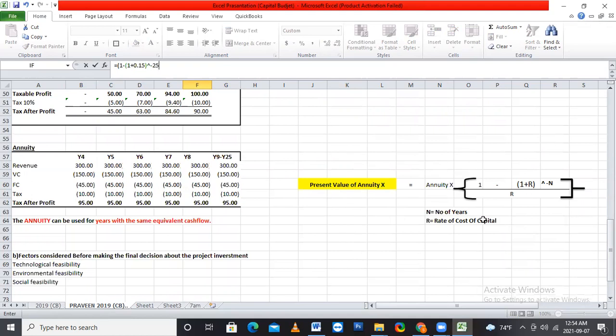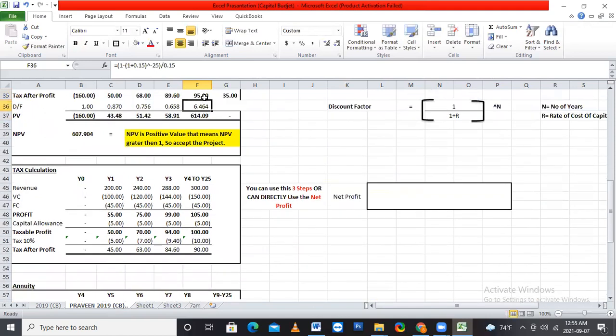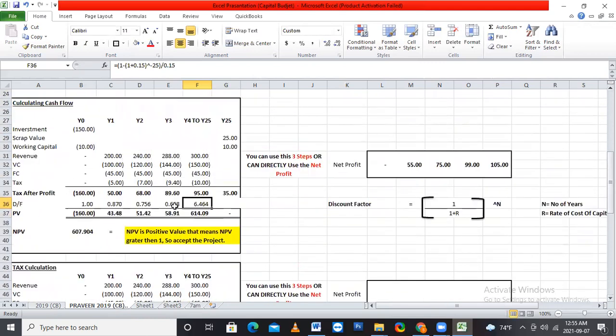We use 25 and close bracket, divided by 0.15. Okay, here 6.4.